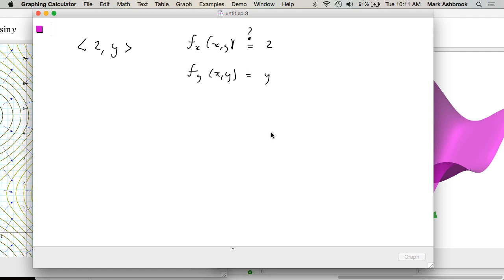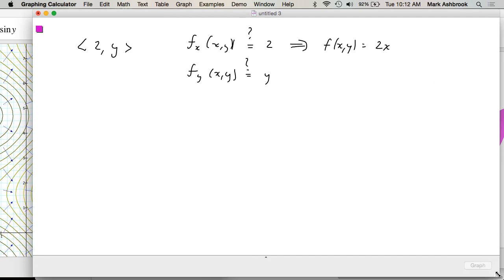So we're saying, is there some function f whose partial with respect to x is 2 and whose partial with respect to y is y? Okay, so if this is the partial with respect to x, we can get one view of f. That f of x,y is 2x, but then what does the plus c entail?